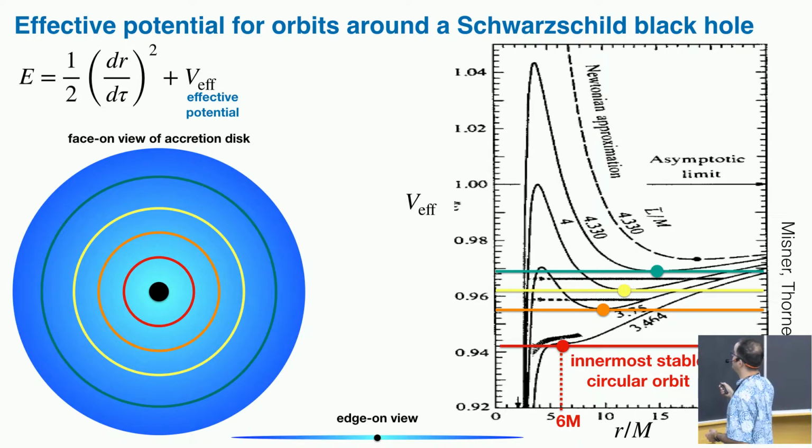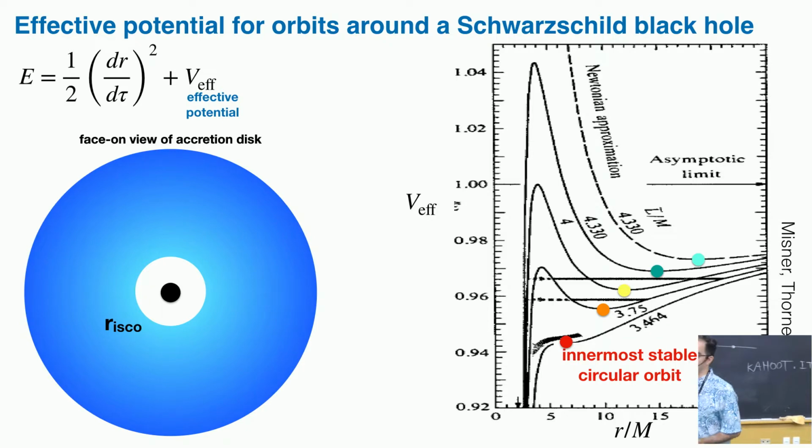You have the radius of the innermost stable circular orbit, which for a Schwarzschild black hole is located at 6M. You cannot sustain circular particle orbits inside this innermost stable circular orbit around the black hole. So in accretion disks around black holes, you expect that inside the ISCO you will have literally a hole in the accretion disk.